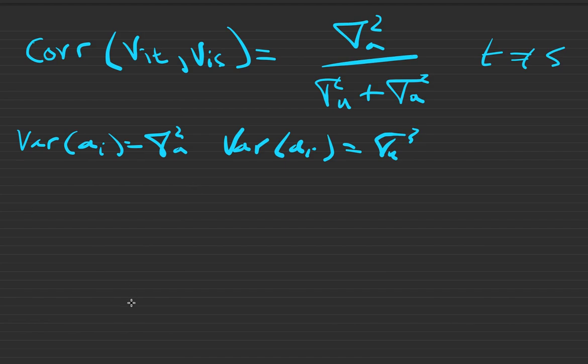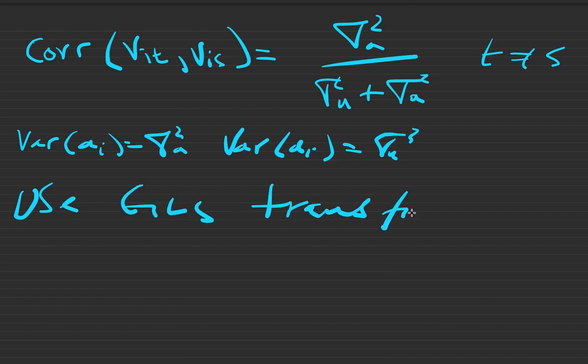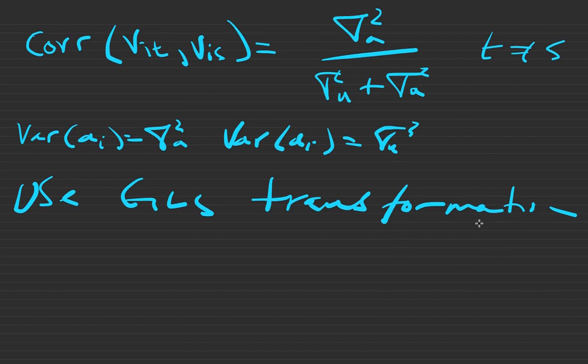What we're going to do is use a GLS transformation, so a generalized least squares transformation, that eliminates the serial correlation in the errors.